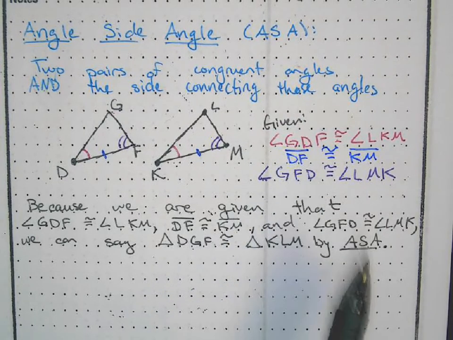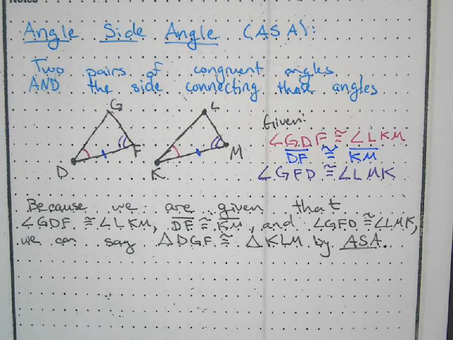Because we have the angle, the side, and the angle, so we can say the two triangles are congruent.